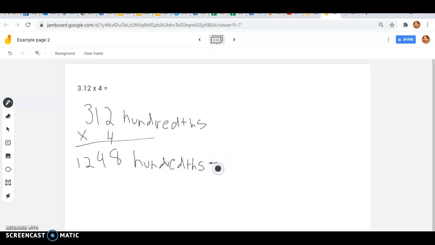So when we're placing our decimal, that decimal is going to go between the 4 and the 2. So we have something that's in the hundredths place in our number. All right, so then our final answer should be 12 and 48 hundredths.